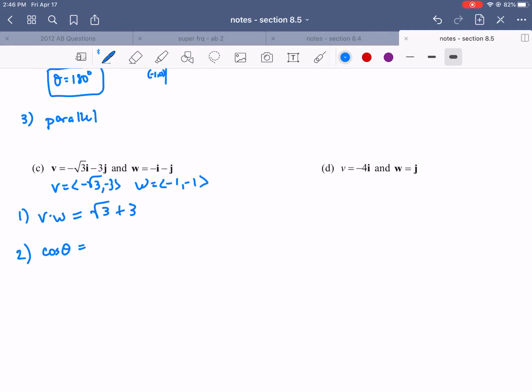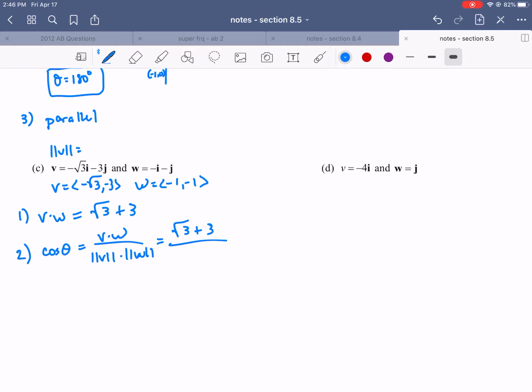So I know that cosine theta is going to equal V dot W divided by the magnitude of V multiplied by the magnitude of W. Okay, well, from the first part, I know that V dot W is the square root of 3 plus 3. And now I need to calculate what the magnitude of V and W are.